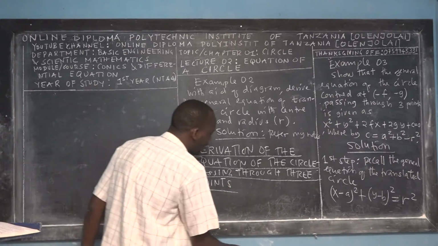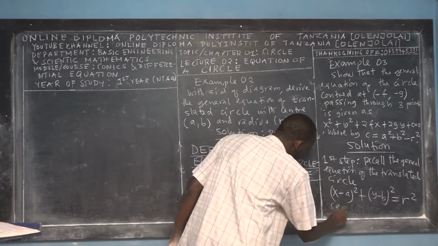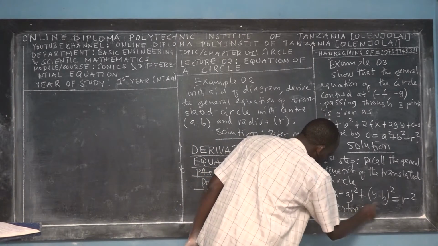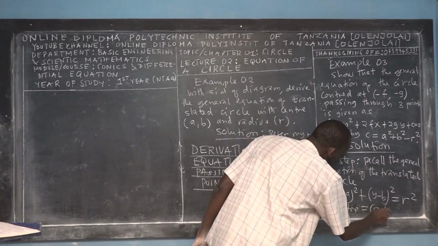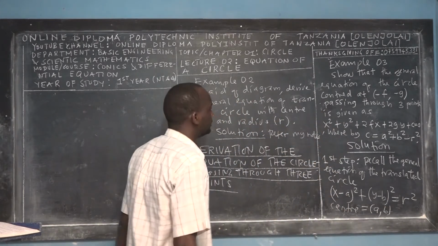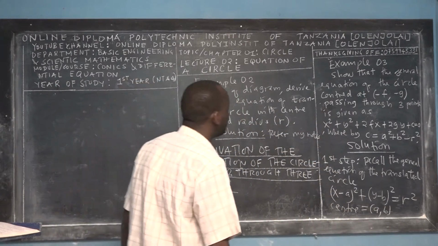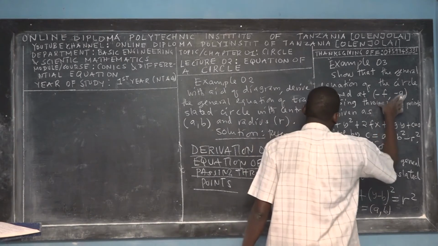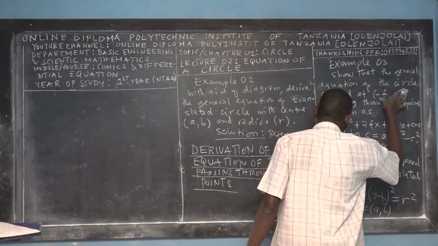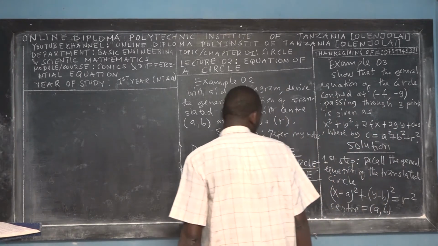At the first stage, with this one, we say that the center is positive a comma b, while the center of this new circle, that you have to show has its expression, is negative f comma negative g.